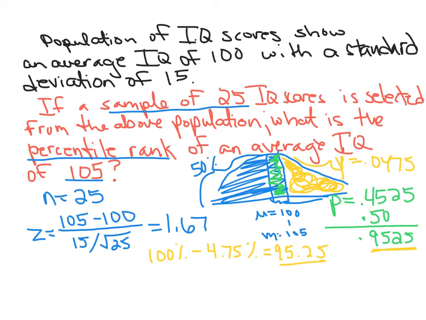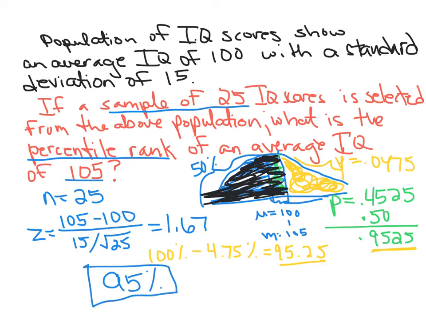What you really ultimately want is this entire region, everything below the score of 105. So you have to include what's above the mean as well as the 50% below. So in the end, your answer, because it's asking for percentile rank, is 95%.